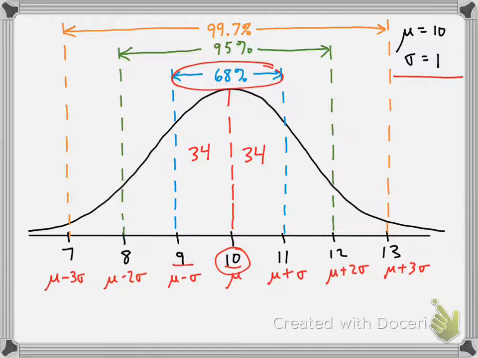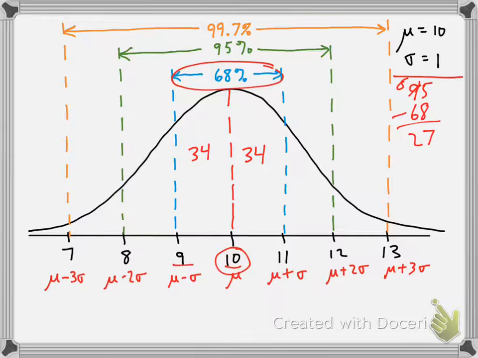And then if you look at the next little section, we're going to see, well, what percentage of the data is in that section between 11 and 12? Well, that's when we have to take our 95. We take 95 and we subtract 68. See how much we have left. 95 minus 68 is 27.